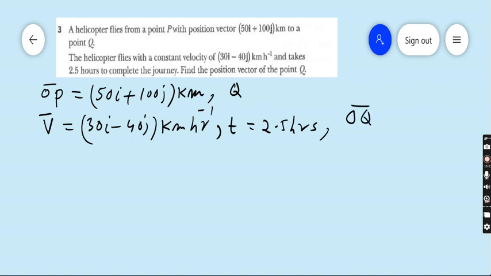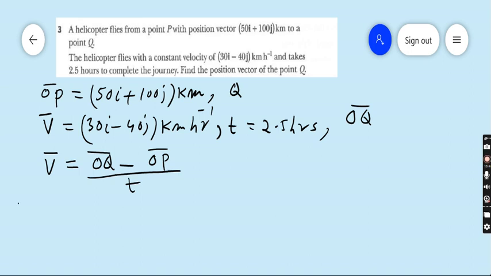What I told you about how to obtain the velocity vector: just subtract the initial vector from the final vector, that is, the final vector OQ, which we have to find, minus the initial vector, which is OP, upon time.